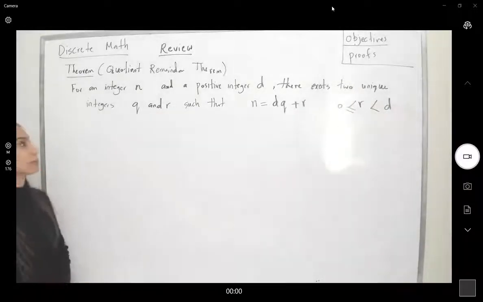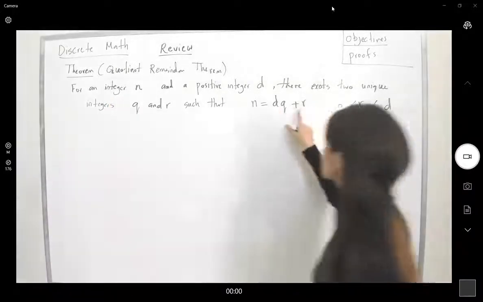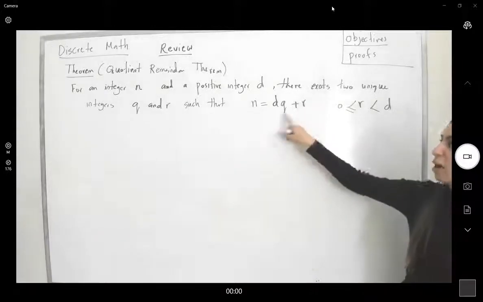So any integer like n can be broken down into the sum of two other integers.